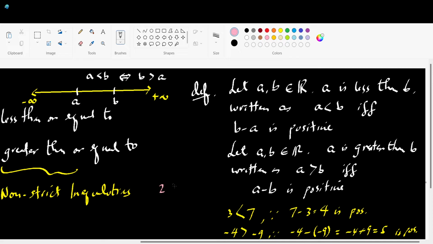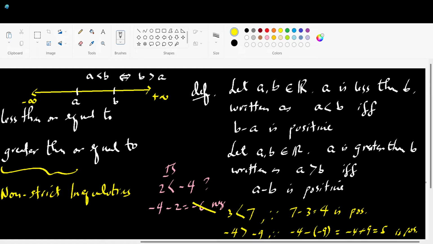Is 2 less than negative 4? Let us see. If 2 is less than negative 4, then negative 4 minus 2 is negative 6, and negative 6 is negative.